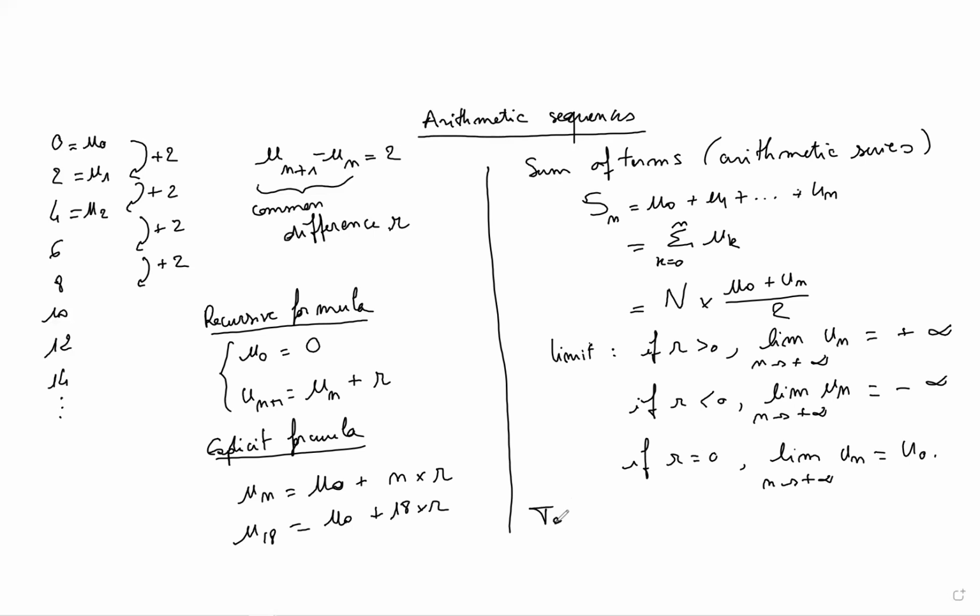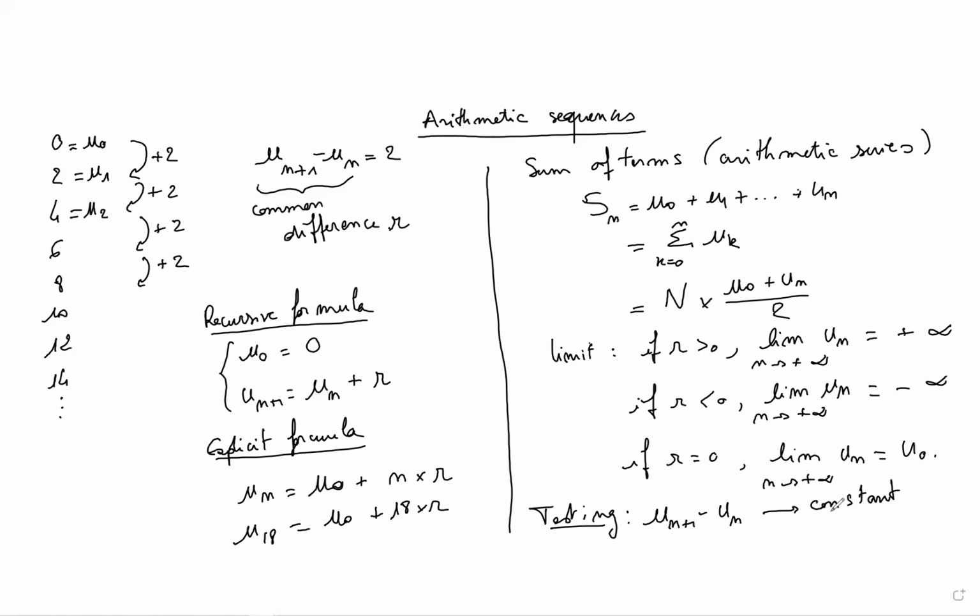If you want to test if a sequence is arithmetic or isn't, then you compute this difference, and either it's constant, and constant means you get a number, and there is no n left in that number, it's independent from n.